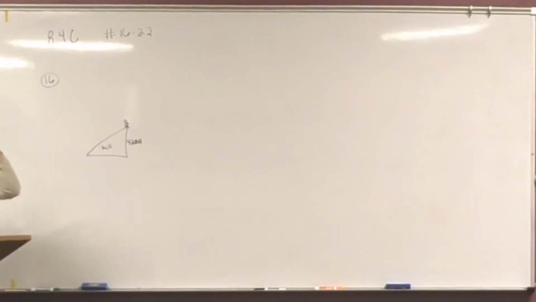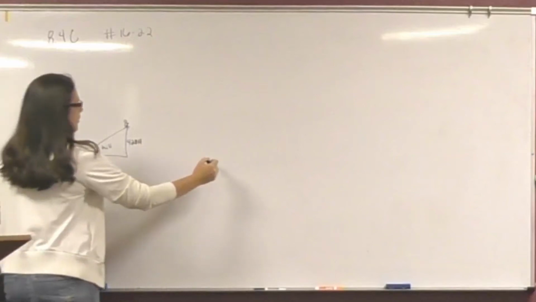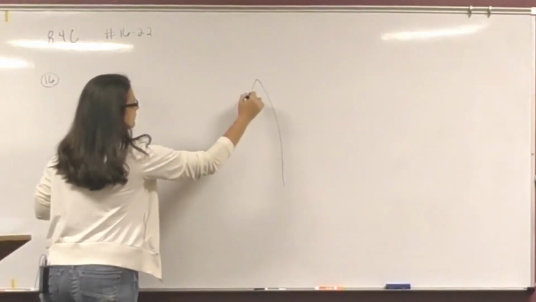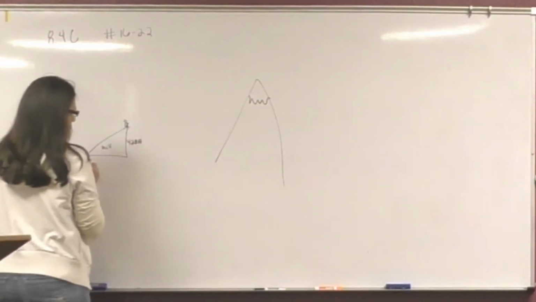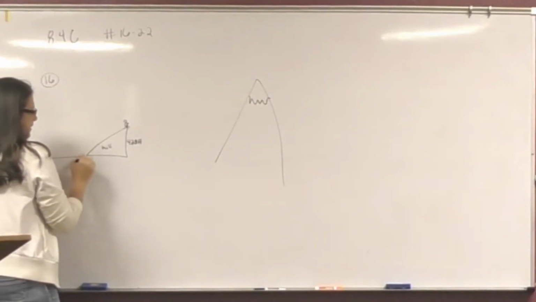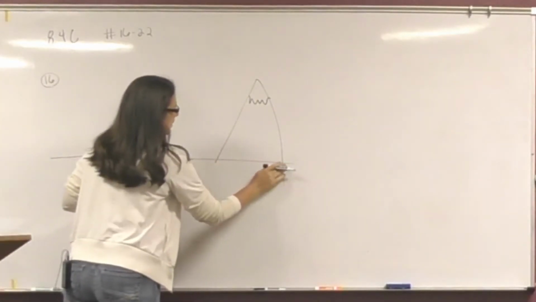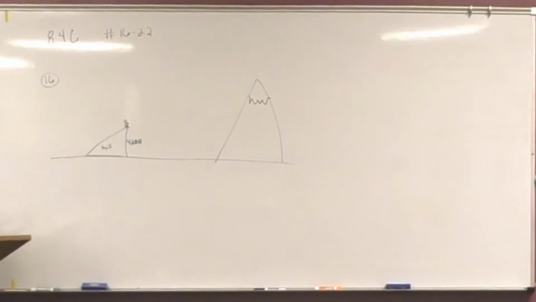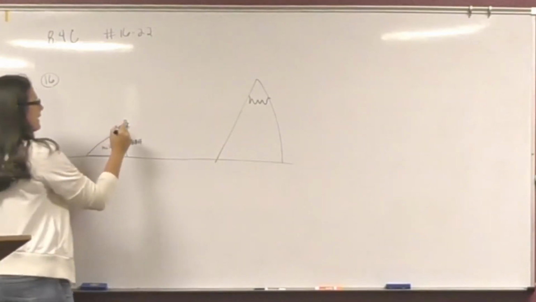And she can see the peak of a mountain. Over here we've got a mountain, maybe with a little snow or something. She's looking at the top of the mountain. From where she is sitting, as she's looking up to the top of the mountain, that's a 42-degree angle.